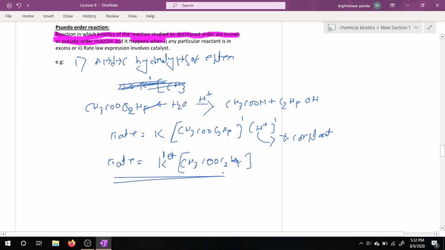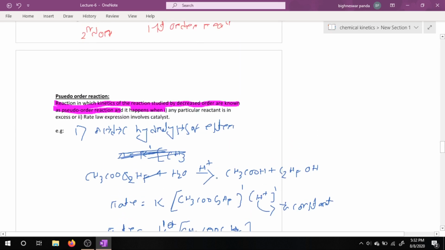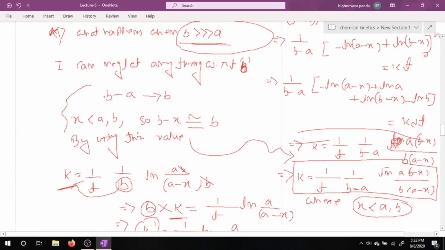This type of reaction is called a pseudo first order reaction. Since water has a large concentration as well as H plus ion concentration, this type of reaction is pseudo first order, which we can solve by taking the case when the concentration of B is very greater than A.